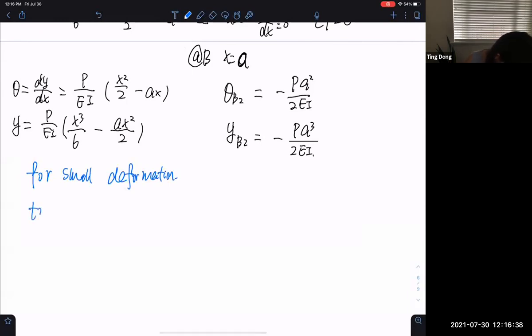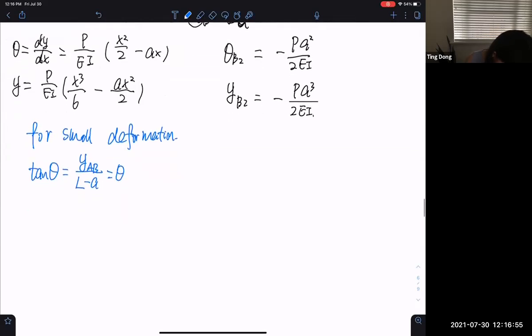So tangent theta equal to y AB section over L minus A, equal to theta. So y AB equal to L minus A times theta B2.